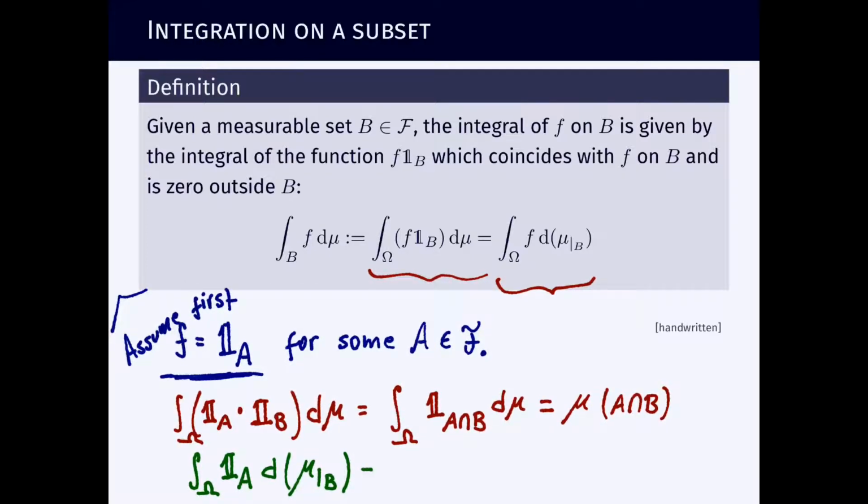And again, by the property of the integral of an indicator function, this will be just the measure mu restricted to B of this set A.